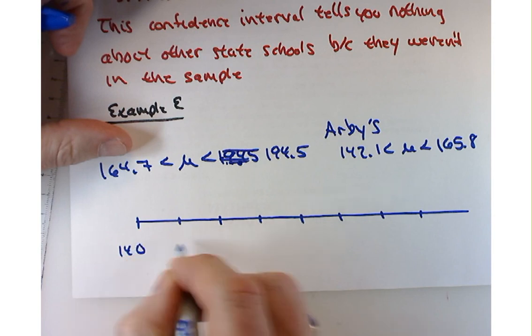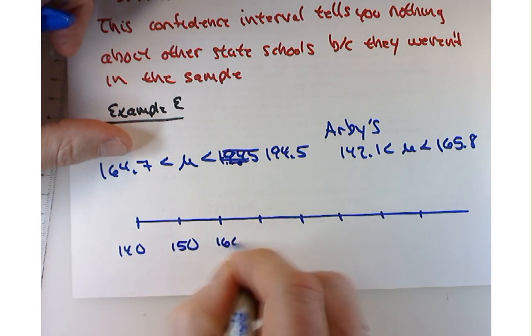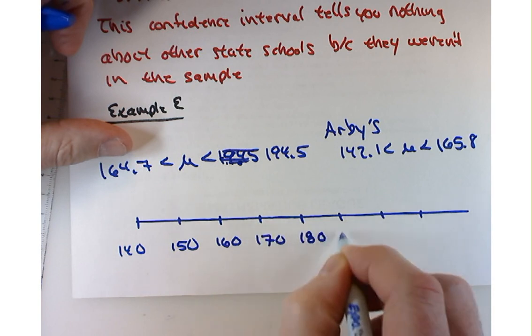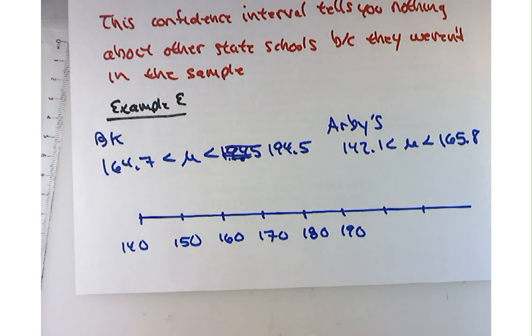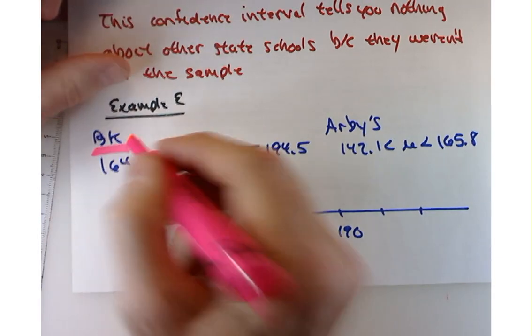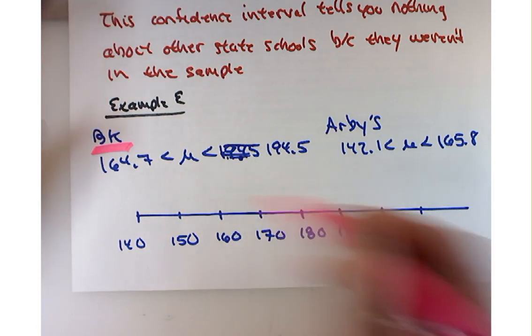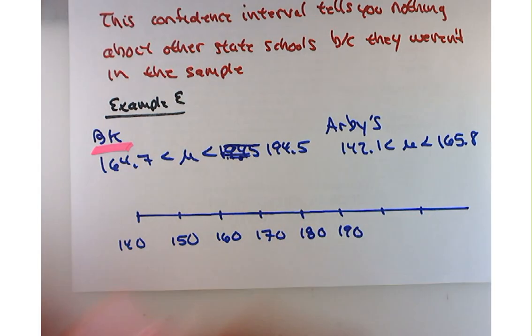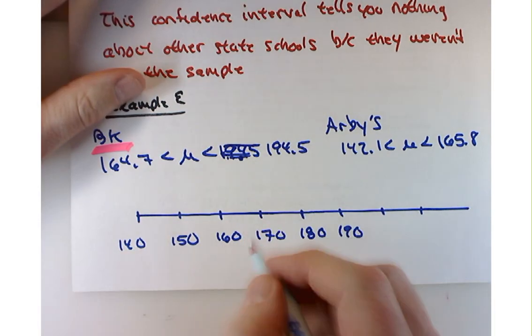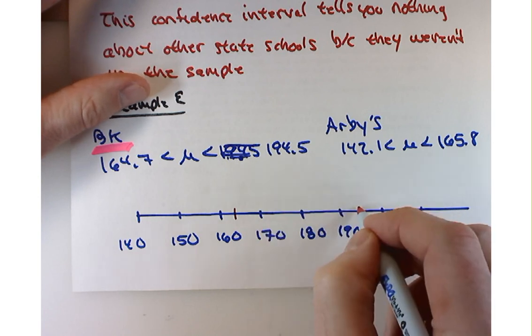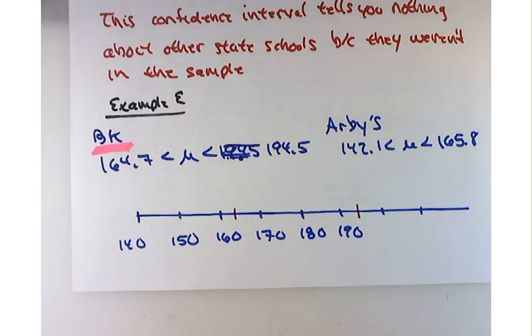So I'll do 140 here, 150, 160, 170, 180, and 190. So we'll graph Burger King in pink. So Burger King's average serving time is probably somewhere between these 2 numbers, between say 164.7 and 194.5. So somewhere in there, that's where Burger King is.